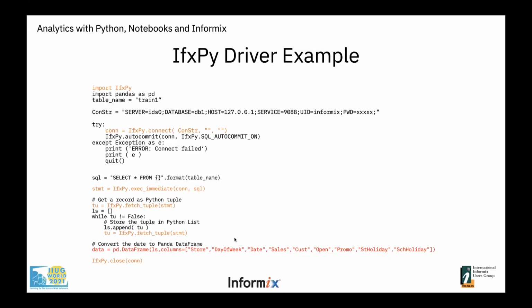We assign tu to fetch tuple from statement, and ls will be an empty list. We put all the rows in a list, and just while the tuple, which is set from fetch tuple, isn't false, we will append the value of the tuple to the list and get the next tuple.